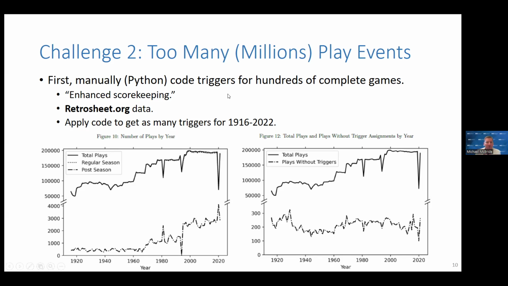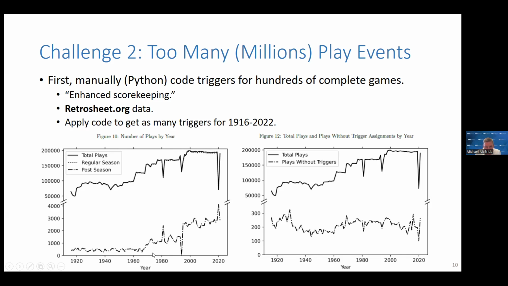Now what I can do is run it for all the games, and it won't be able to code everything, because there will be some plays it doesn't know how to code, but it'll be able to code a lot of games. To give you a sense of how many, here's a graph that tells you how many plays I have per season from the Retrosheet data. What you see is that in the last couple decades, we have about 200,000 plays per season.